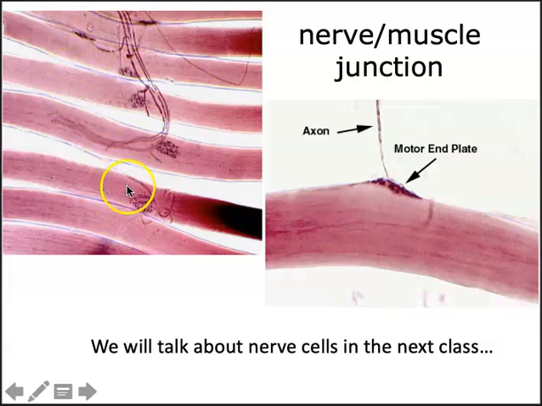And that's what's going to send the signal from the neuron to the muscle cell to tell it to contract. We will be talking about nerve cells more in the next class, but this is an important point to recognize, and an important micrograph to see, where these nerves are attaching to the muscles. The nerve-muscle junction here.